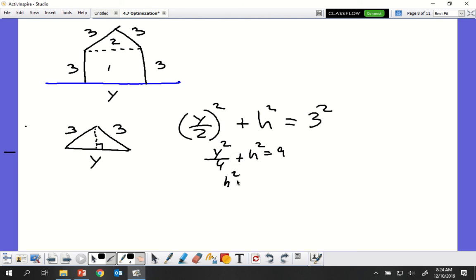So h squared is equal to 9 minus y squared over 4. And I know that h is equal to plus or minus the square root of 9 minus y squared over 4.